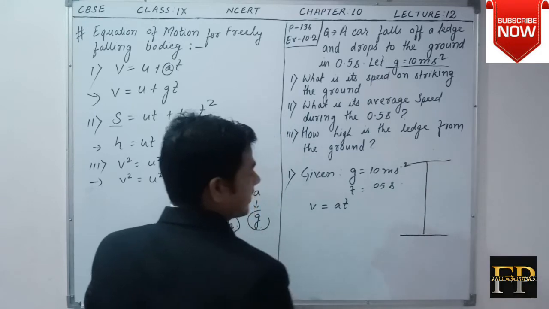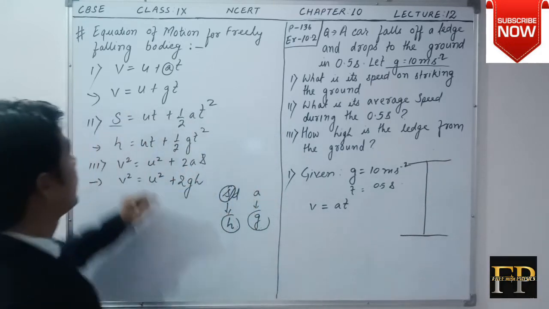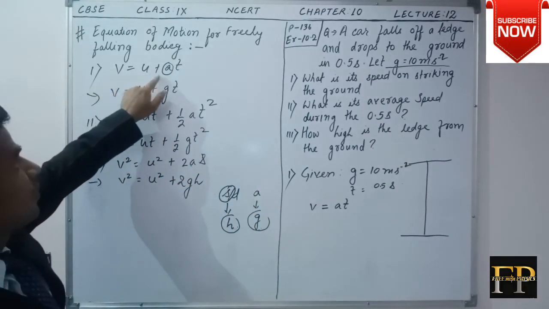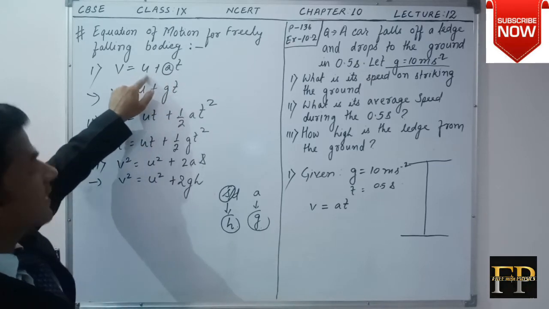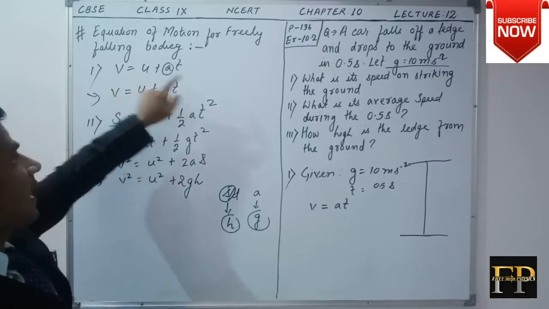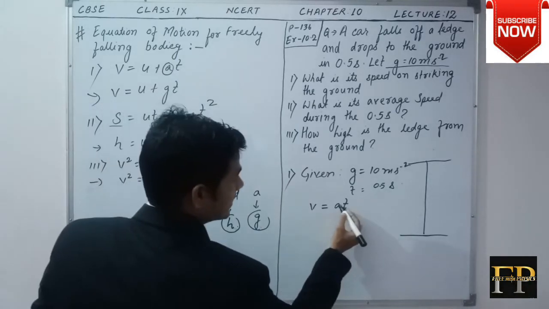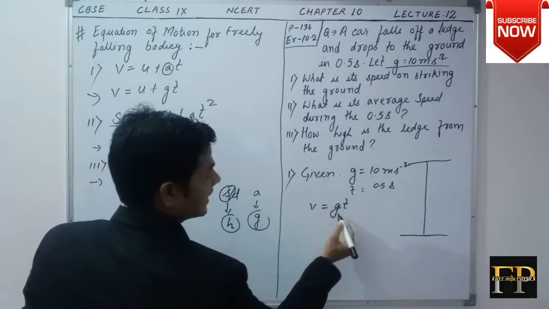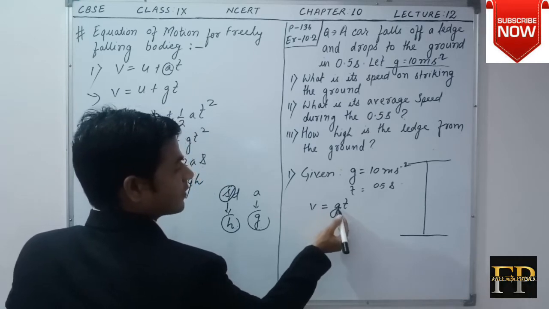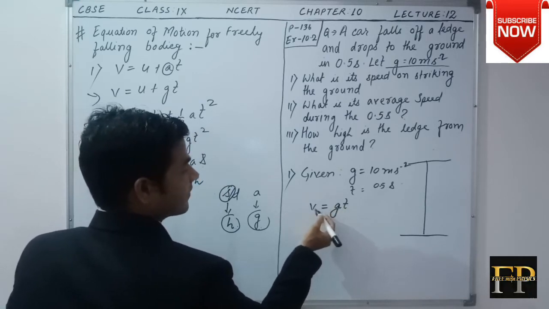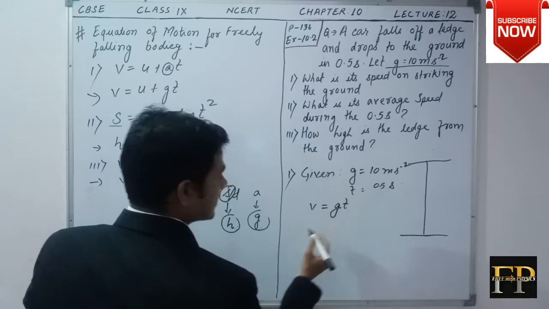We know that v = u + at, but the initial velocity in our case is 0. That's why v = gt, since we write the acceleration due to gravity.